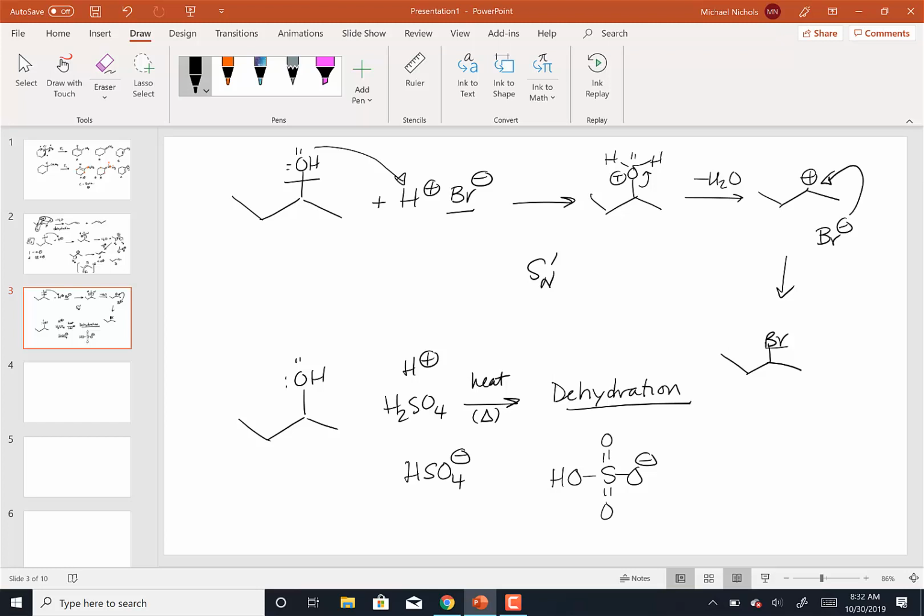You want to do dehydration, use H2SO4. You can also use H3PO4, phosphoric acid, same philosophy. H3PO4, its conjugate base is really stable and a weak nucleophile.